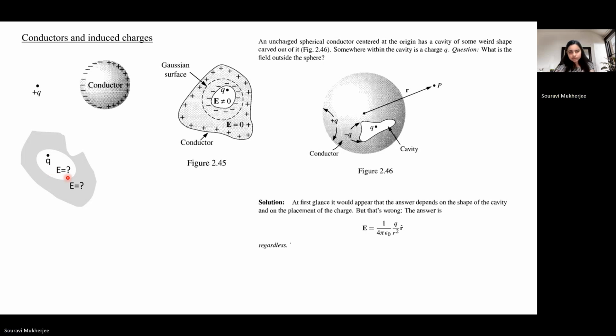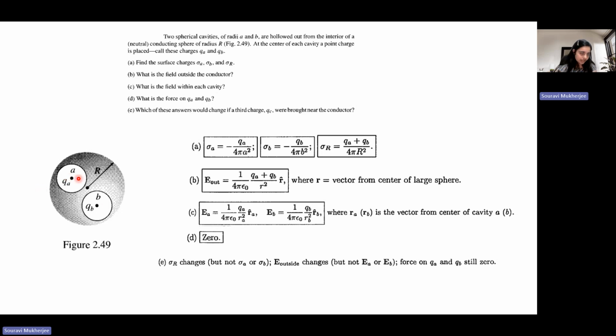So that was something which we had solved. And we did see these kinds of questions, where the surface charge density on the inner surface of these cavities, or the fields in these regions, are not affected by what charges you have here or what changes you make in the outside region.